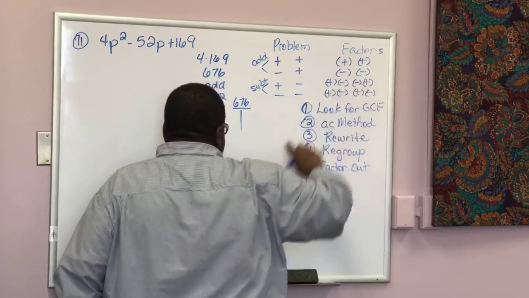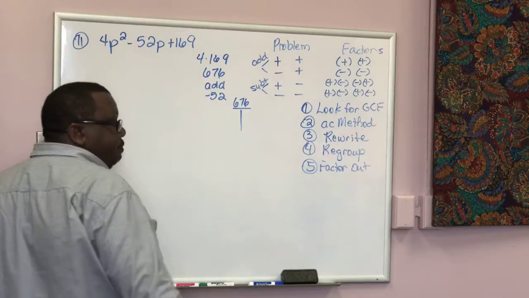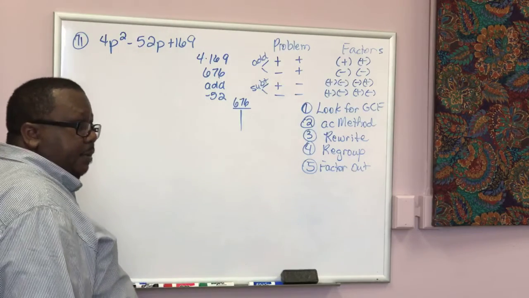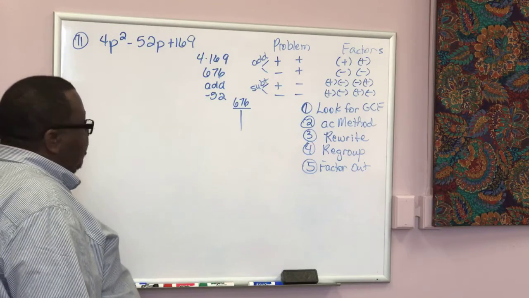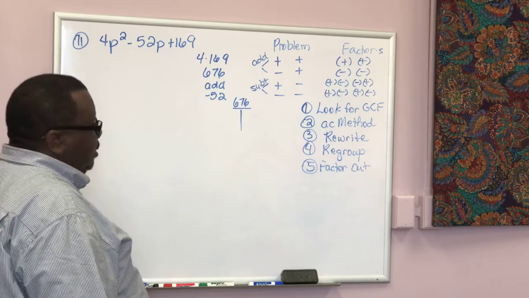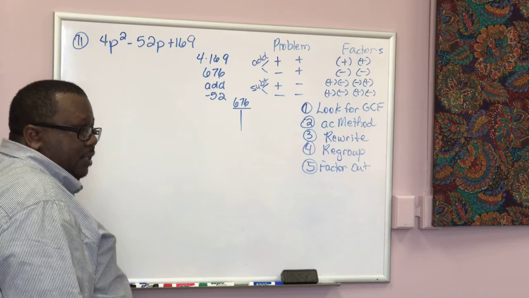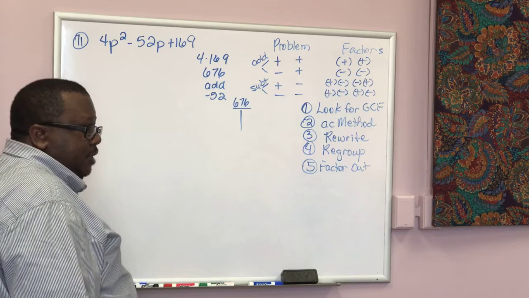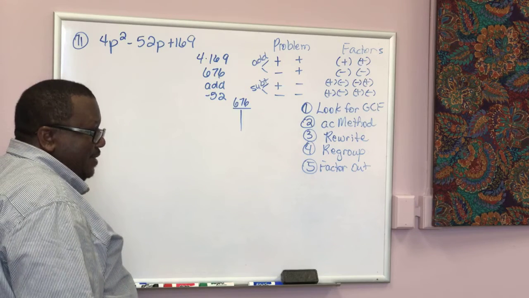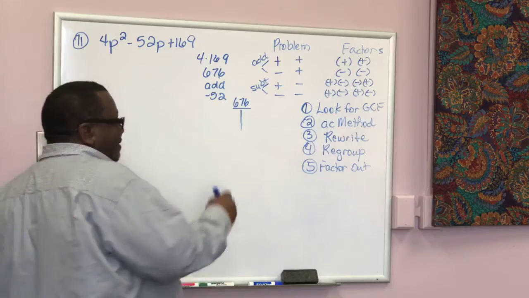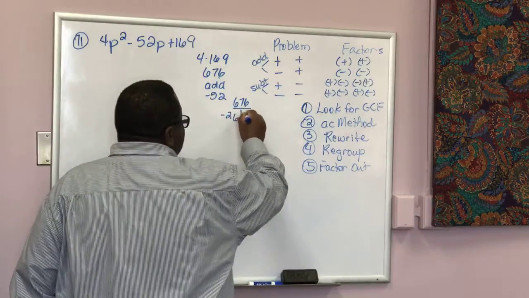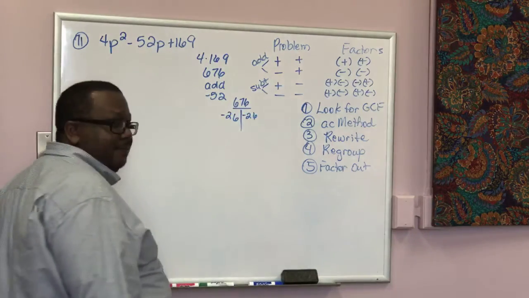The same sign. So they both will be negative numbers. It would be 13? 13 times 13, not 676? 26 and 26. What's 26 times 26? Somebody verify. 676. 676, okay. Negative 26 and negative 26.